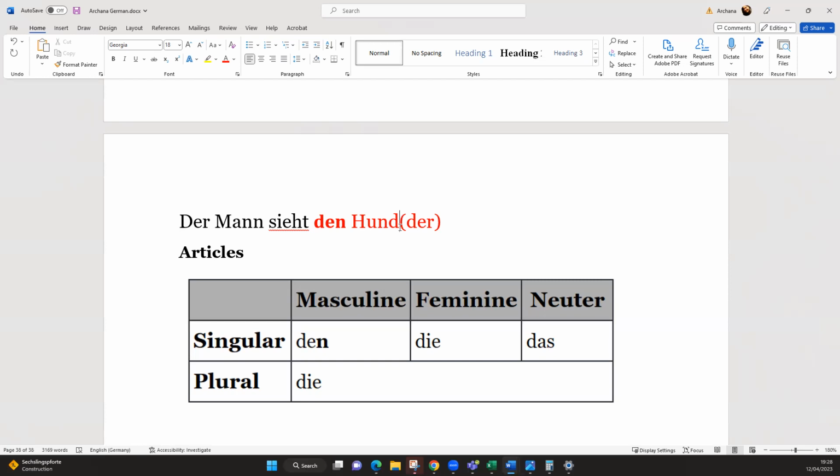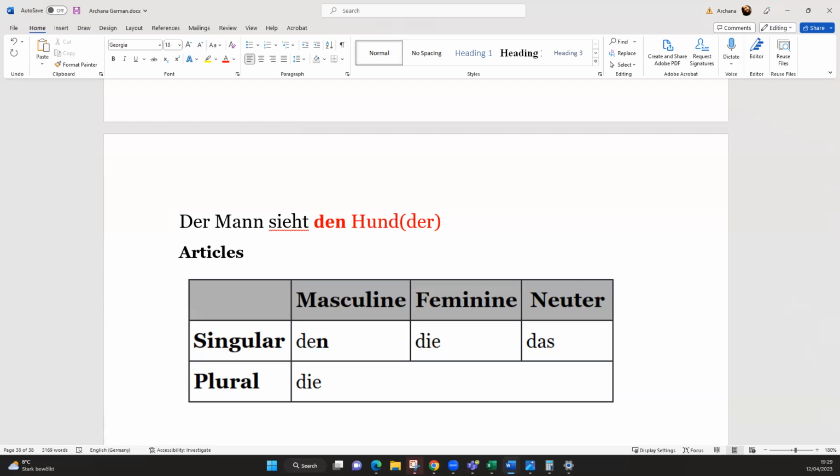When the direct object is masculine, it becomes den. That is the only thing you need to remember. In the accusative case, when a direct object is masculine, change it to den. Also remember that if it is in the plural form, make sure you use die.